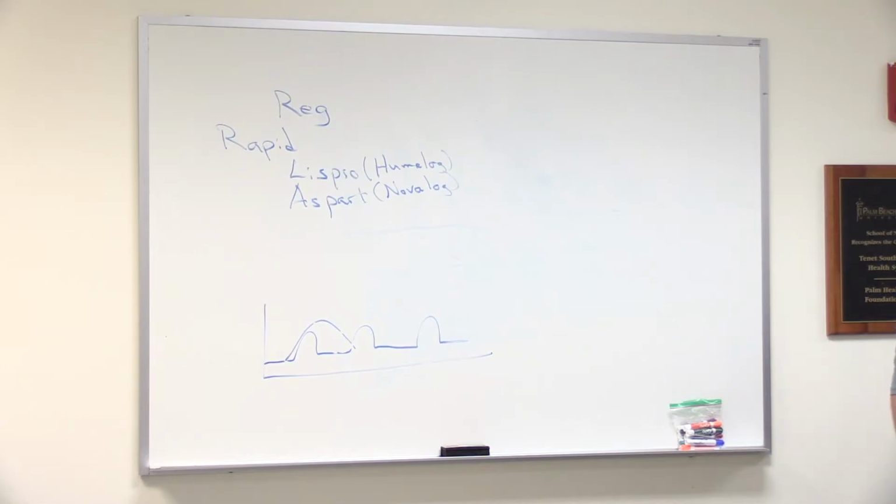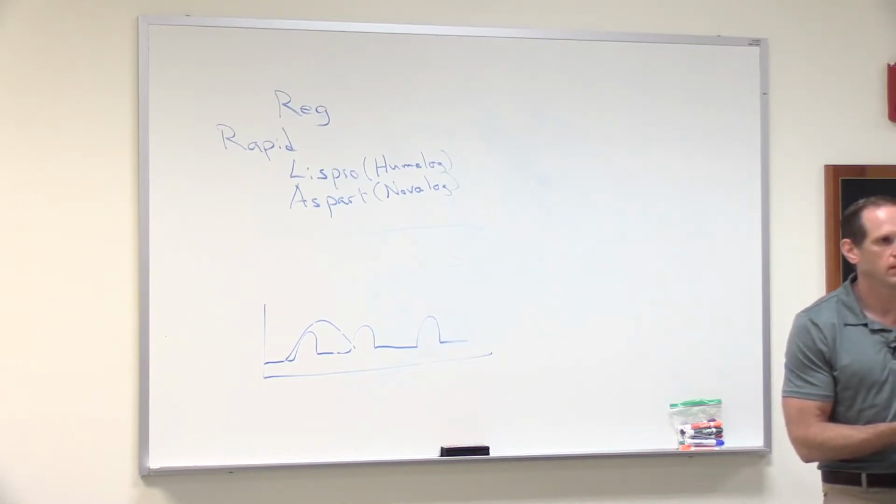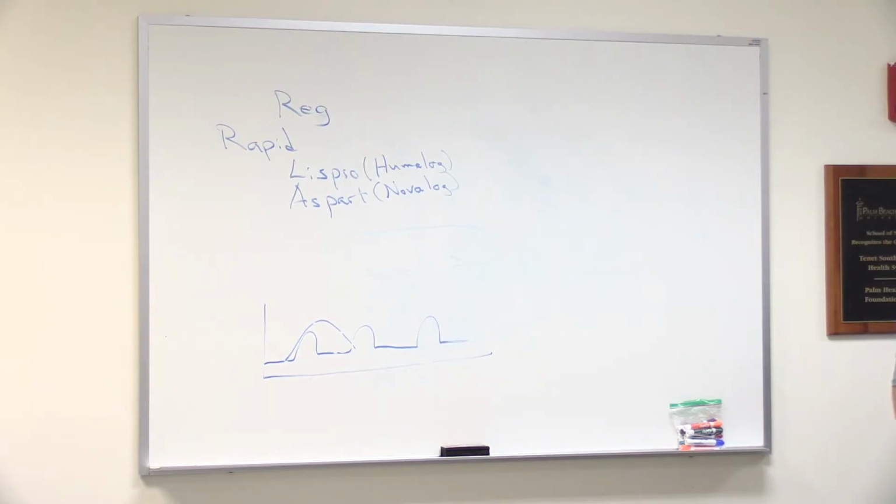The amount of rapid-acting insulin should be calibrated to the estimated amount of carbohydrate that a person is eating. If a person eats a higher carbohydrate meal, they should generally be getting a higher dose of Novolog or Humalog. Does that make sense? Okay.